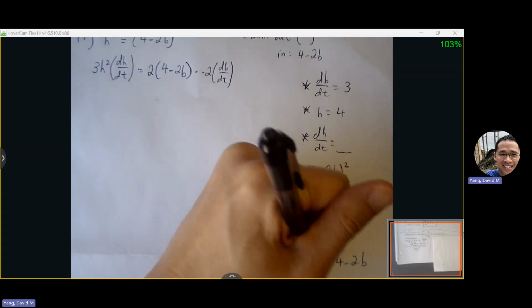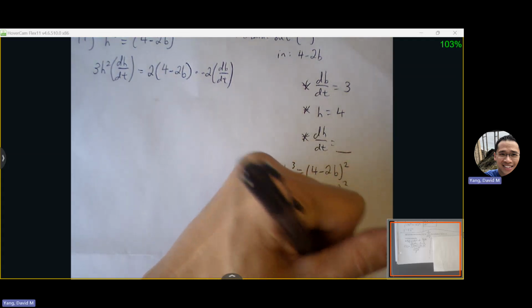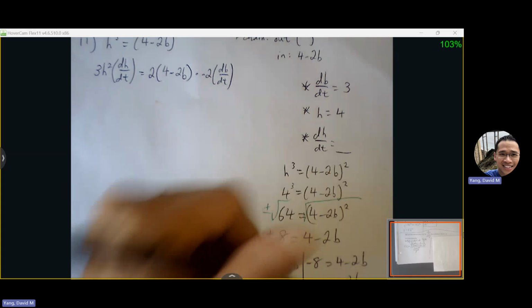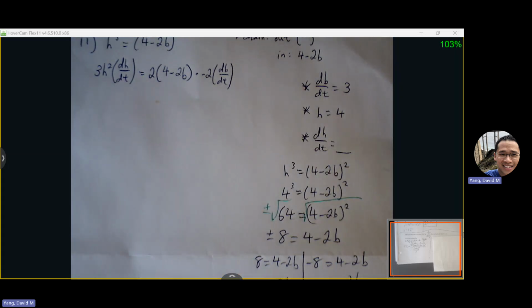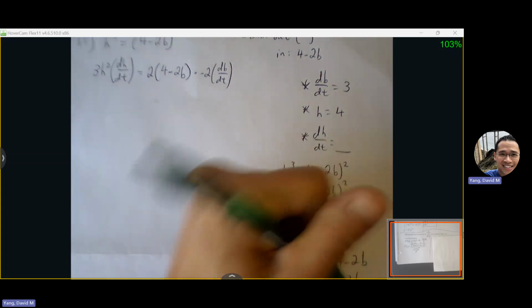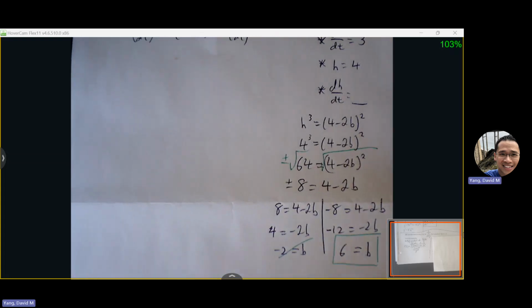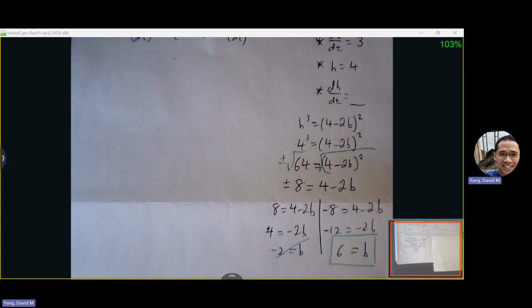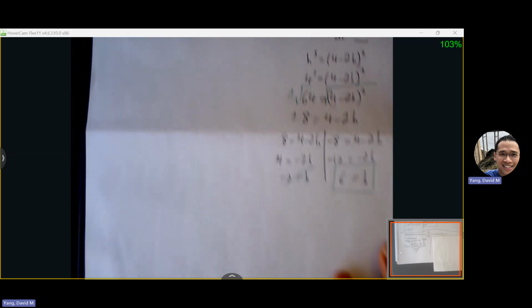Meanwhile, I have -12 equals -2B. So B equals 6. And between -2 and 6, we're going to choose the 6 since they said at the beginning that B value can't be negative.